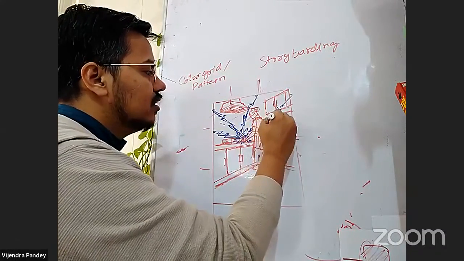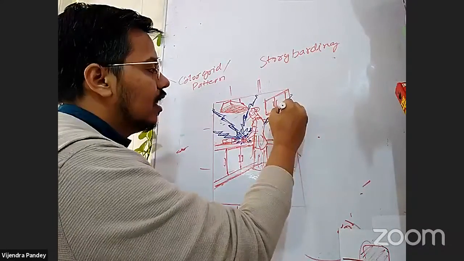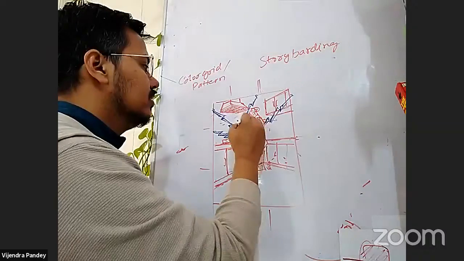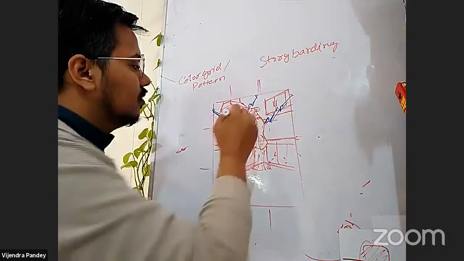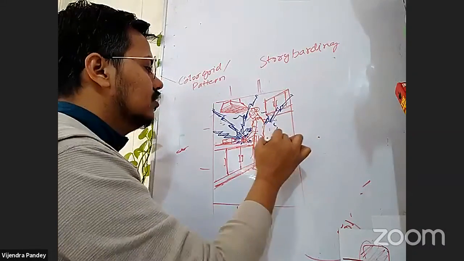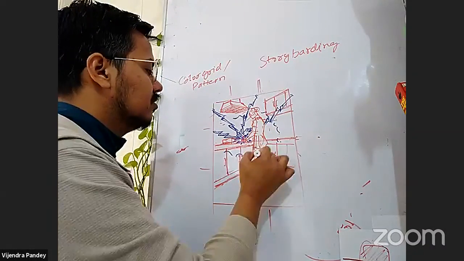Of course, you have to draw this thing how you can represent with the line itself. Okay, so that's all about it. Or maybe you can draw some flashy kind of thing.